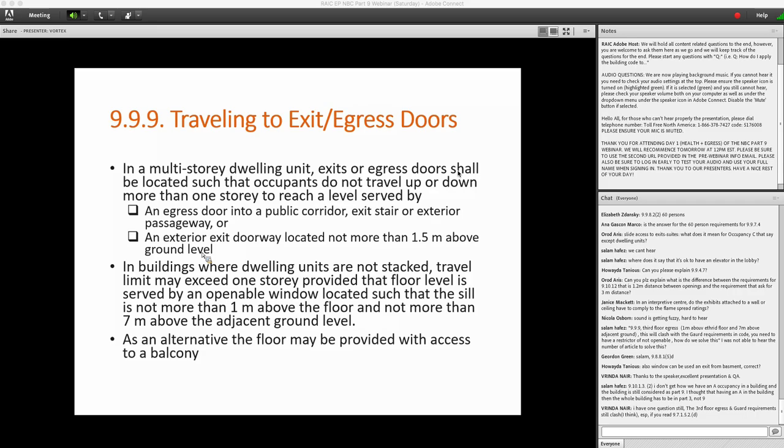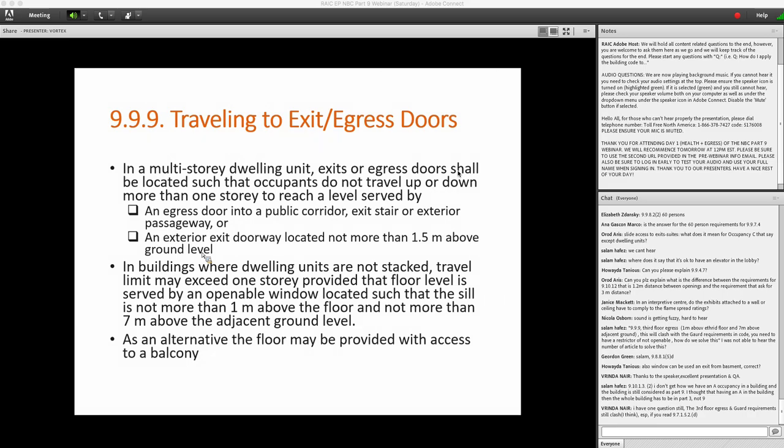Again, you're talking about the fire resistance rating of the floor assembly which it serves. Okay, I believe this is related to the fire separation requirements for the exit, right? So, as I said earlier, in a Part 9 building, your exit stair fire separation would have to have a minimum fire resistance rating of 45 minutes.